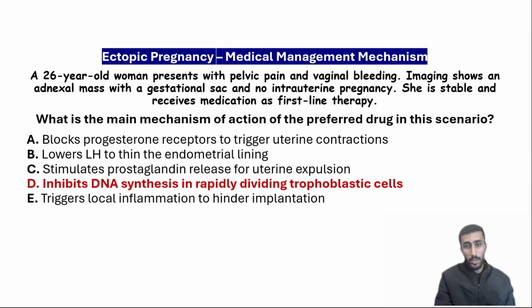A, blockage of the progesterone receptor to trigger uterine contraction. This is the mechanism of action of mifepristone. Mifepristone is a partial agonist of progesterone. During pregnancy, the progesterone levels are high, and giving a partial agonist is essentially like an antagonist in this case.